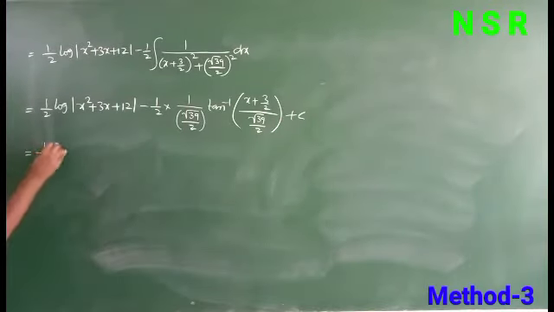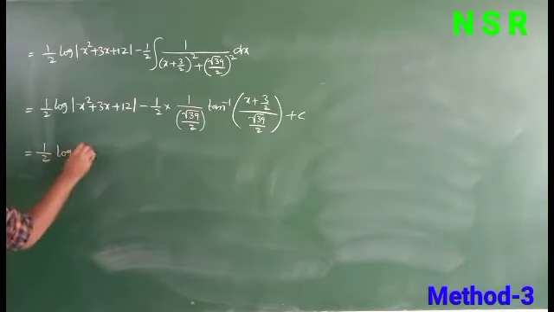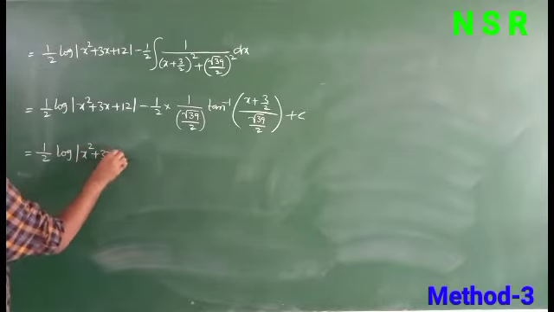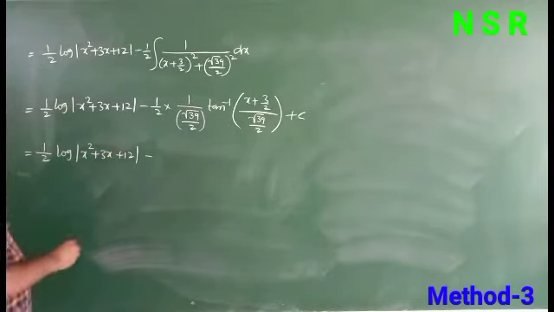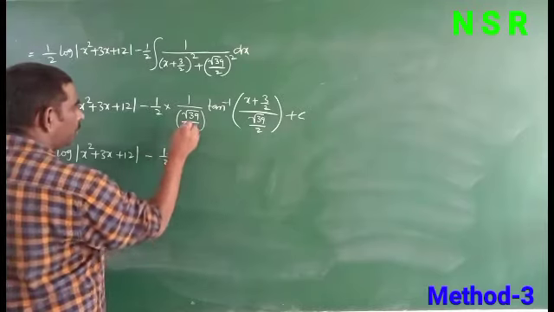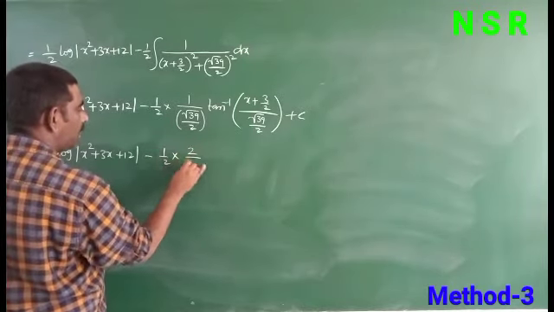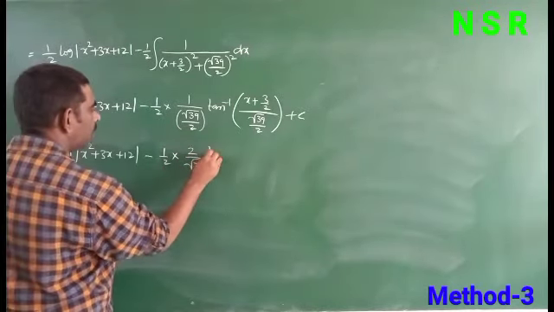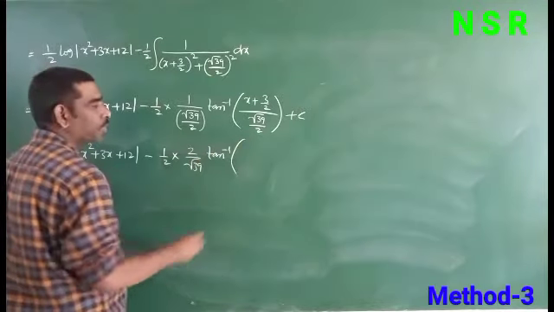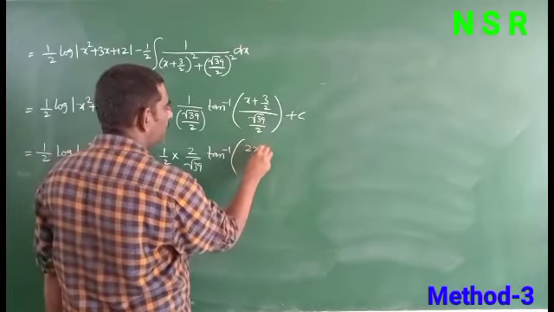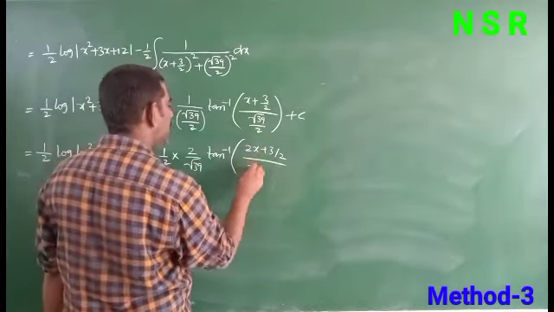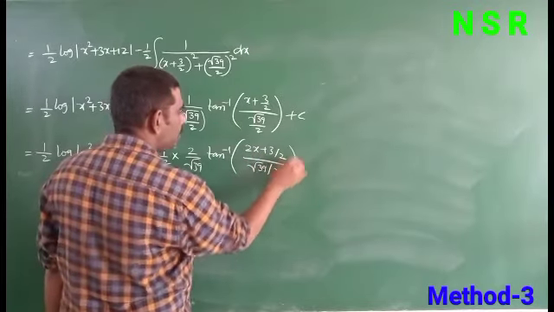Now we get 1 by 2 log mod x square plus 3x plus 12, minus 1 by 2 into root 39 by 2, we can write as 2 by root 39 into tan inverse of (2x plus 3 by 2) by (root 39 by 2) plus c.